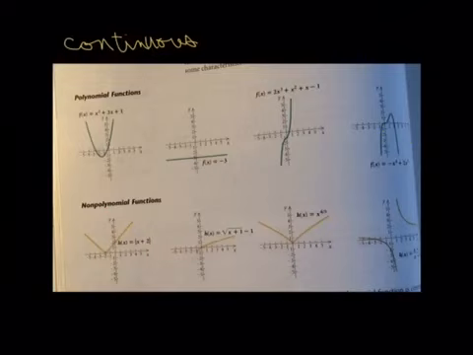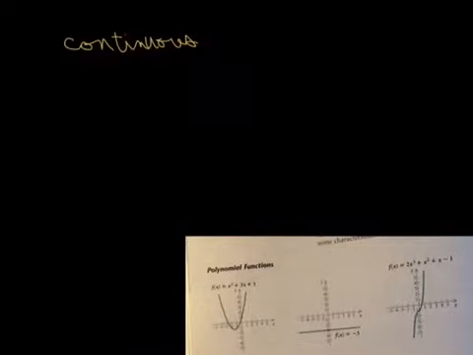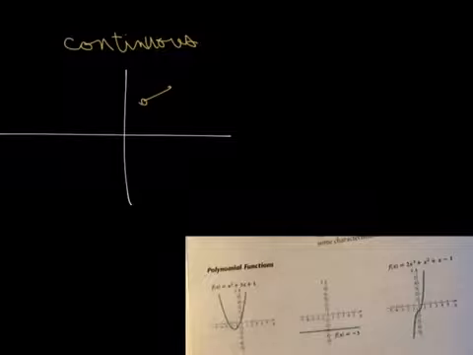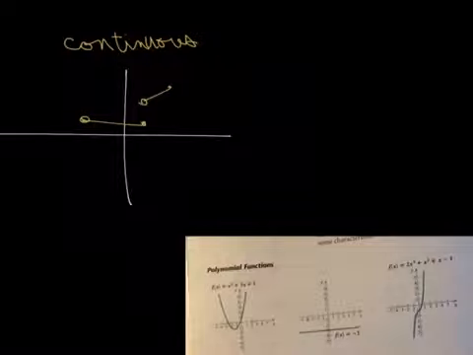If we had a graph that looked like, well, let me get rid of this, and we had a graph that went here, open circle, and then closed circle this way. I mean, see all the breaks there are in this graph? That's discontinuous.